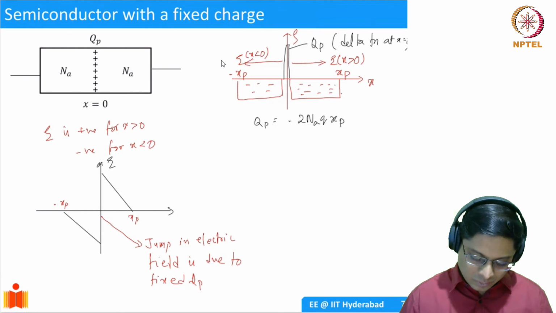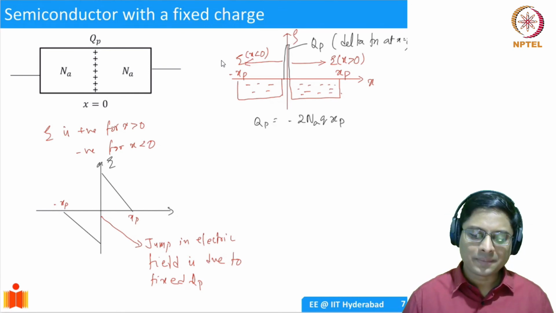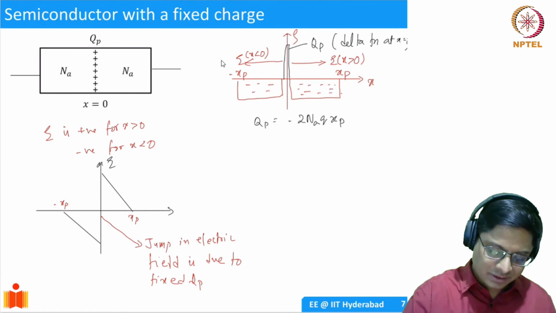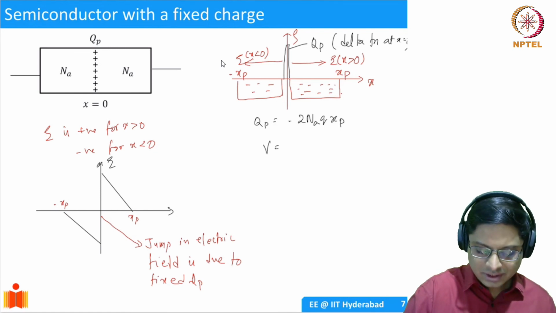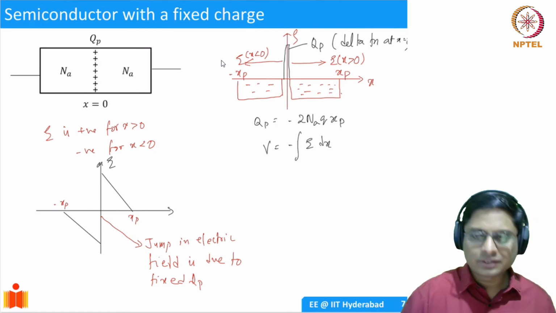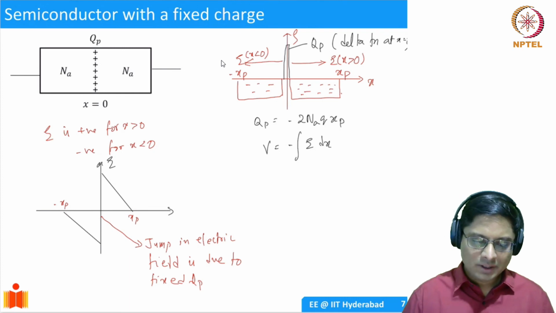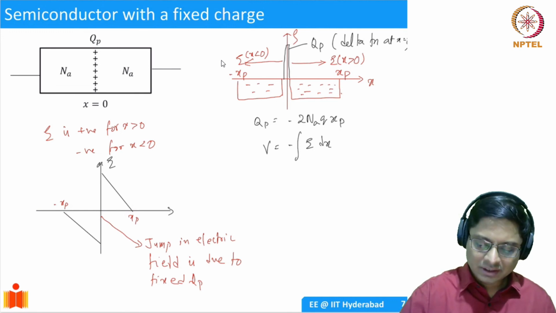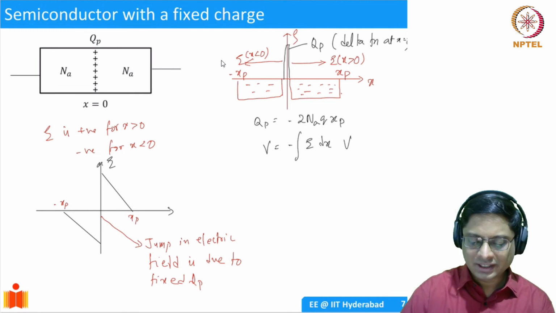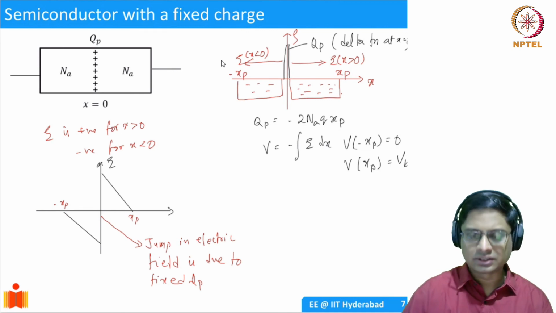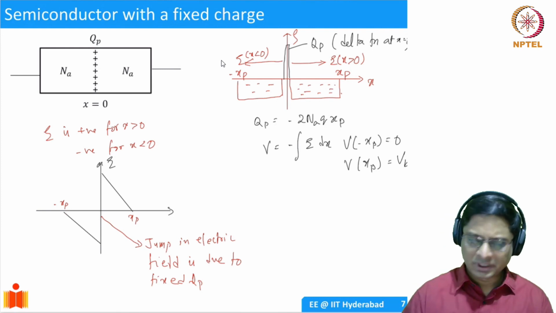All right. So then, what happens to the potential? The potential is simply going to be the integral of the field. So now, as you integrate it, you have to take a boundary condition, right? So of course, the same as usual, I'll take v of minus xp equal to 0 and v of xp equal to vbi. Okay. So please integrate it.